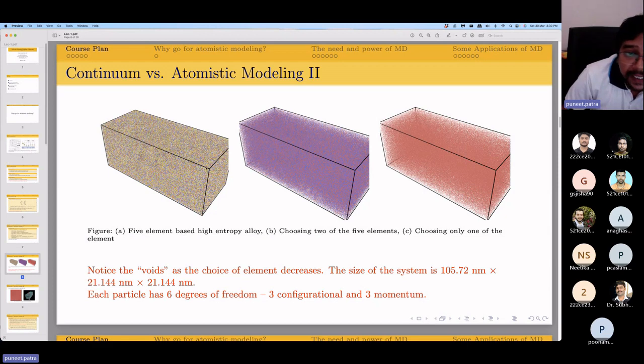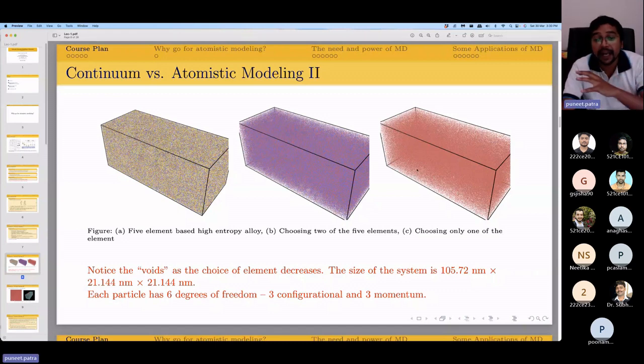Now, as I keep deleting the atoms from this 5 element based high entropy alloy, you can see that the white space within the domain keeps on increasing. Here you see there are more white spaces than here, and here also you can see there are more white spaces than in this case. The reason for me to show this slide is simply to emphasize that if you keep zooming in inside a material, you will end up with a large amount of void spaces.